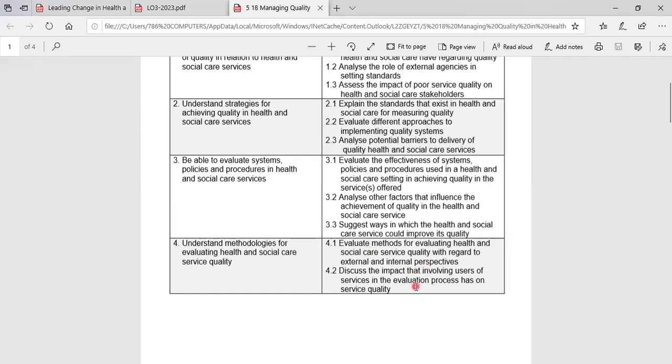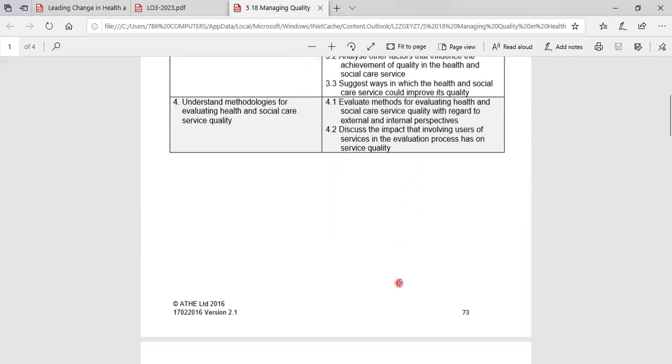And then you're discussing the impact of involving service users. They could be patients, relatives, anyone who uses your service. What role do they play in the evaluation process, and how does that impact the quality of service within your organization?